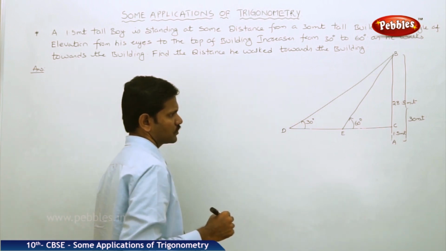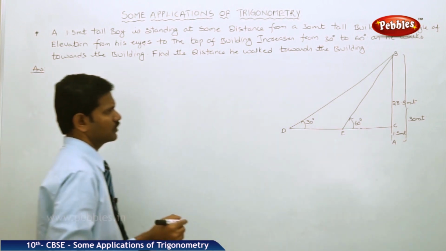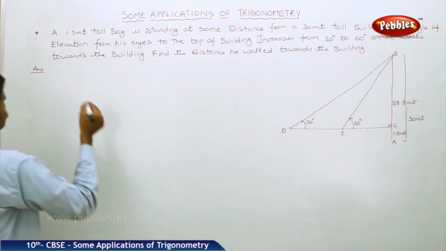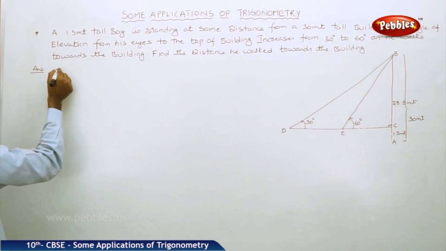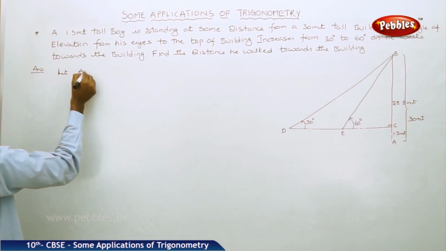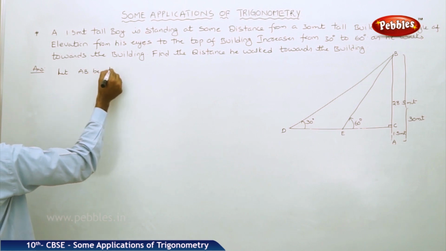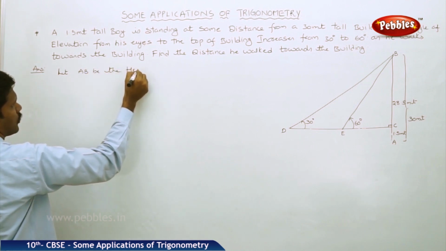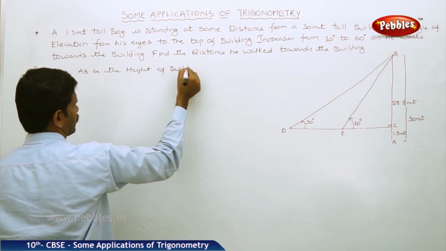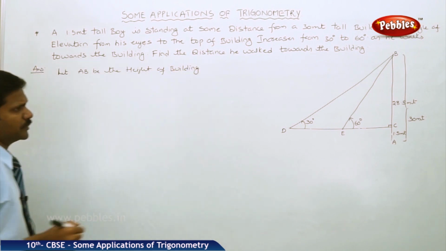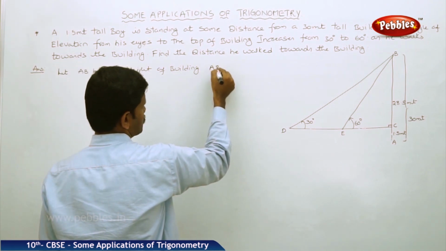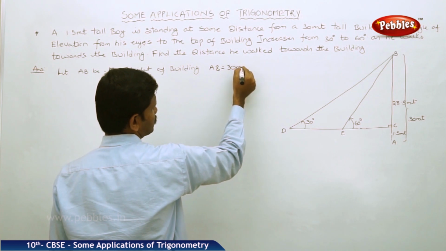Now let us see. First, let AB be the height of the building. Let AB be the height of the building, and AB is equal to 30 meters.